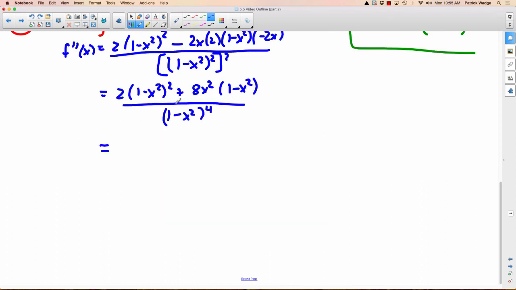Let's take out a greatest common factor. We can take a 2 out, and you can also take out a 1 minus x squared. That's the greatest common factor. What do you need to multiply this by in order to get this right here? You need to multiply by another 1 minus x squared. What do you need to multiply this by in order to get all this? You just need to multiply by 4x squared.